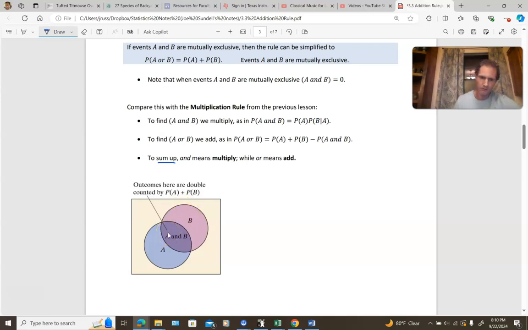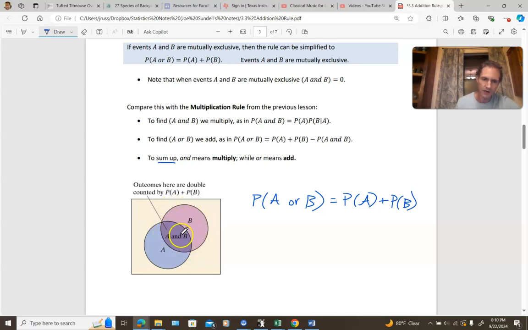Let me put this in now. If I were trying to find the probability of A or B, we'd say the probability of A plus the probability of B. Now, if that's all I did, so we can represent the probability of A being this circle here, and the probability of B being this circle here.